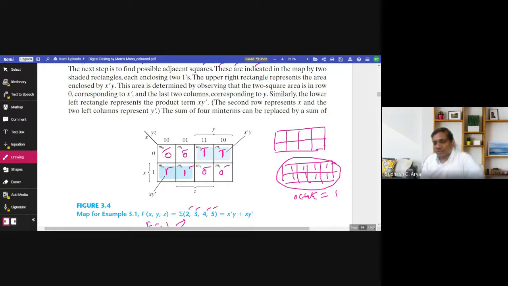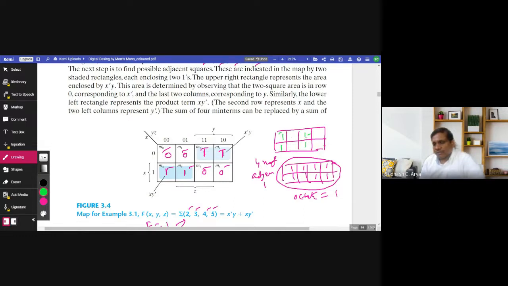If this is not possible, then we go for making a group of 4 adjacent ones. What does it mean? It means that if one is here, one is here, one is here, one is here, then this one and this one are adjacent. But these two ones are not adjacent because there is a gap.